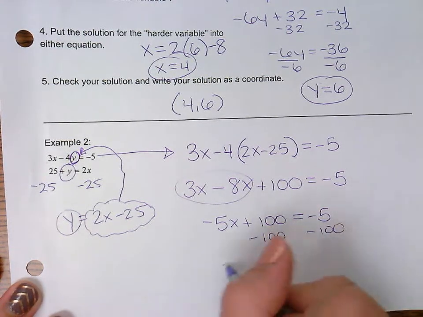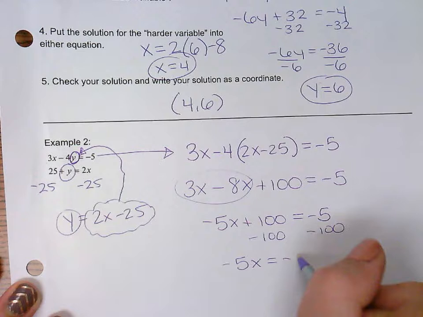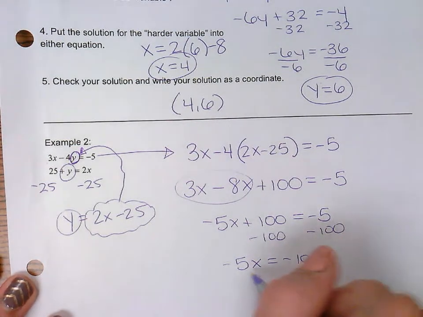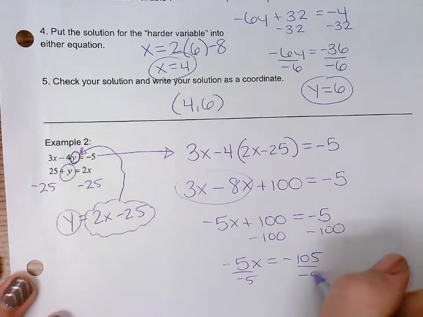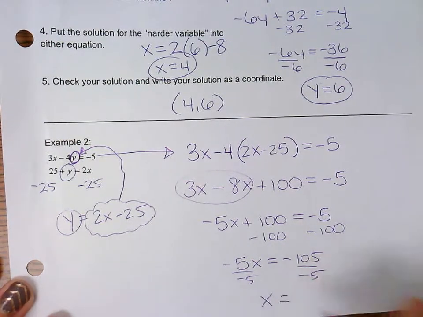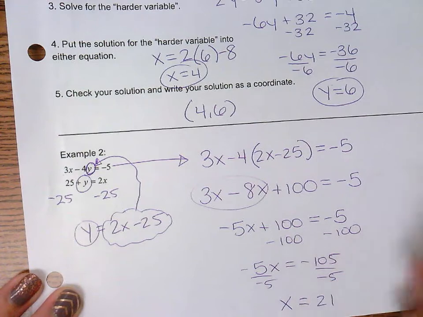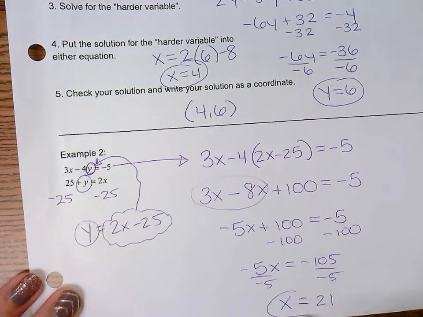Subtract 100 from both sides. That gives me negative 5x equals negative 105. Divide by negative 5. I think that is 21. Does that sound right? 105 divided by 5. So positive 21, because a negative divided by a negative is a positive.